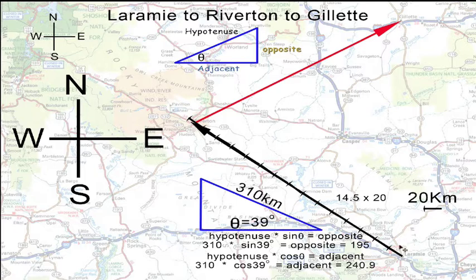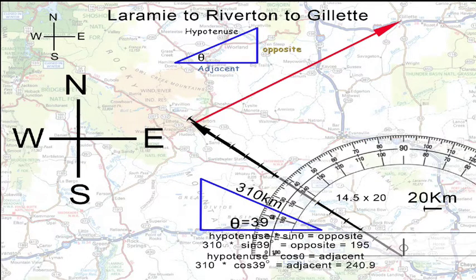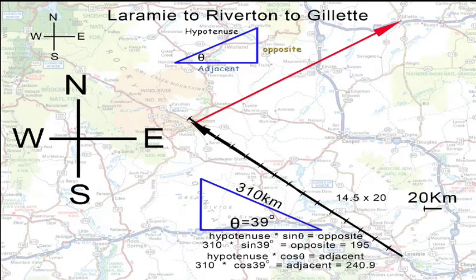I measured this, and there are 14 and a half of these arrows times 20, and 14 and a half times 20 is 310. So I've got 310 kilometers for my hypotenuse, and then I used a protractor, and I got approximately 38 or 39 degrees there. So that's how I got that angle.